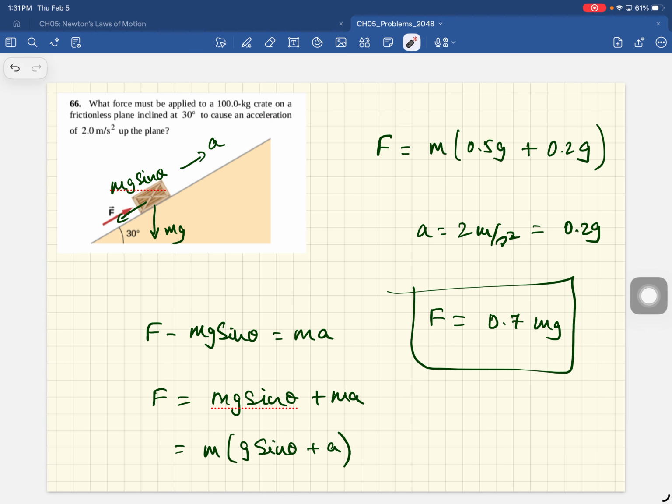So the acceleration vector is 0i plus 2j.